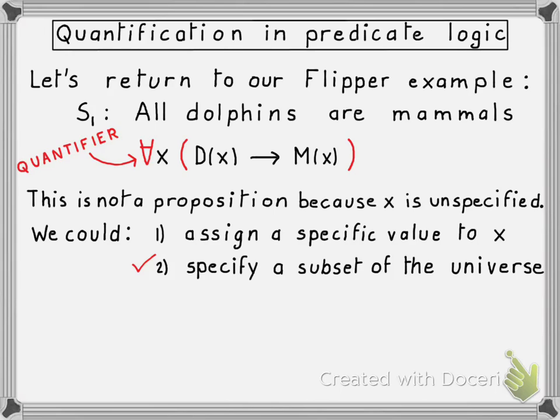So in this case, because the scope of the quantifier starts here and ends there, both of these occurrences of the variable x belong to the scope of the quantifier. In other words, before the quantifier was added, these two occurrences of x had unspecified values. That is not the case anymore because they are under or within the scope of the quantifier. Both this x and this x are specified, or their possible values are specified, by the quantifier whose scope they belong to.